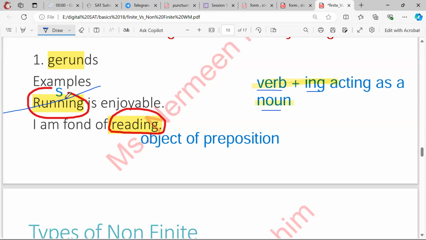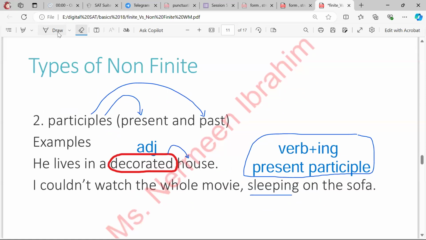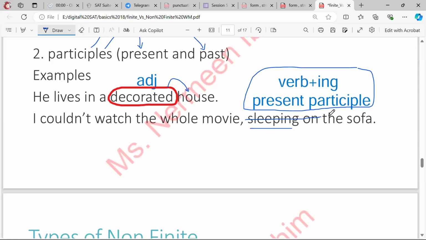So if the verb plus ing cannot be removed because the sentence will not make any sense, then this is a gerund. Now try to eliminate this one, because this one is like one unit. Sleeping, the present participle, will start a participial phrase. So you can eliminate all of the present participle and its friends.